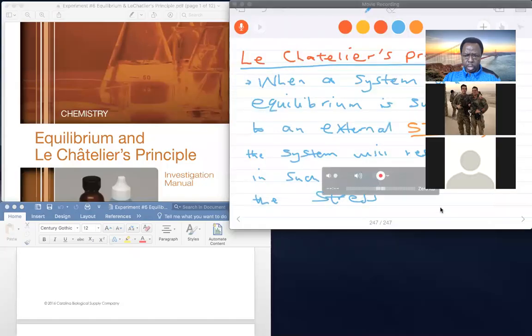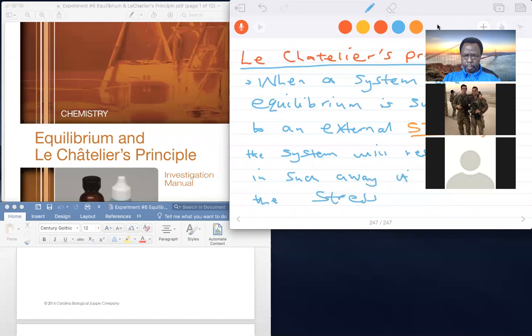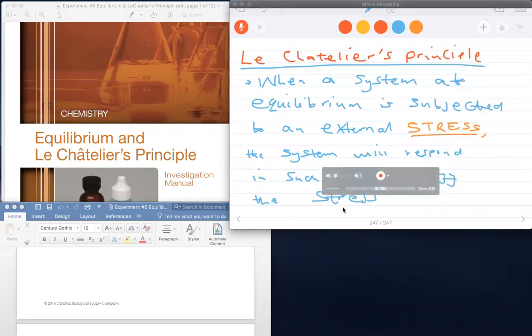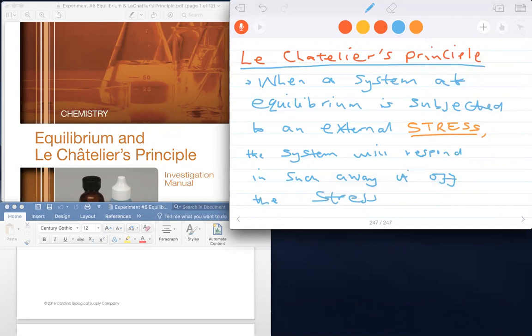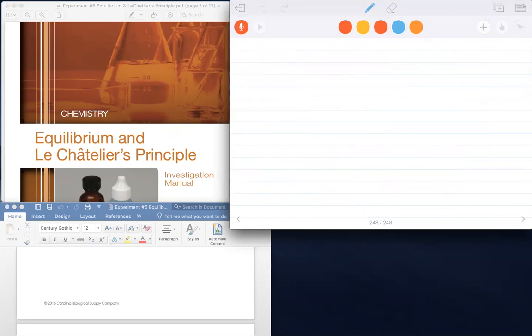I want to share my screen and show you what is meant by a system at dynamic equilibrium. Before I come back to Le Chatelier's principle, a system at dynamic equilibrium is indicated by a generic equation, for example, aA plus bB reacting to form cC plus dD.